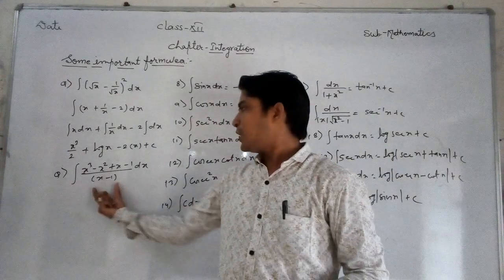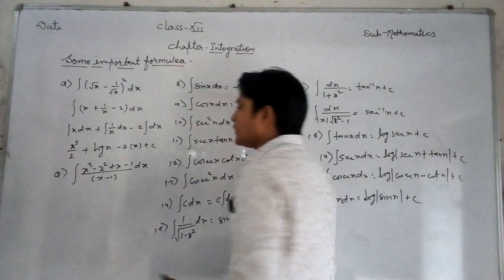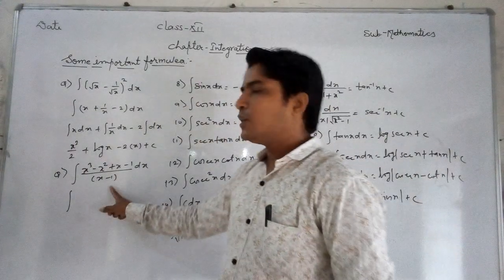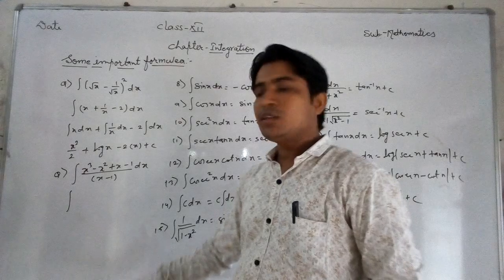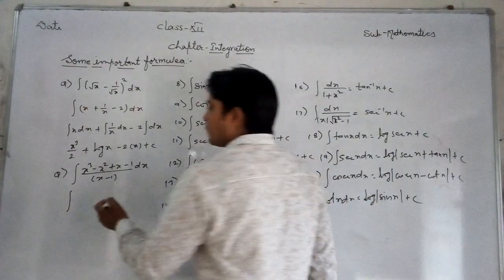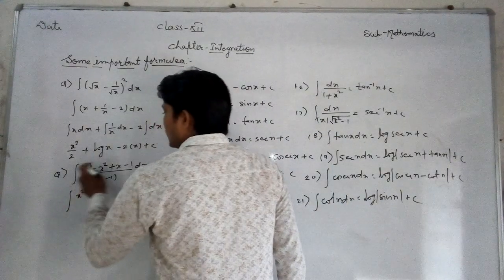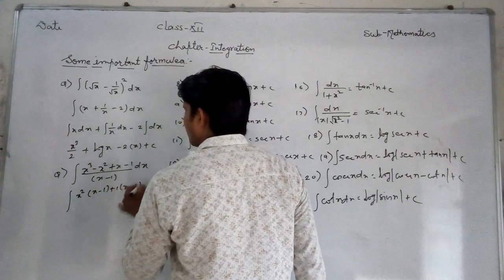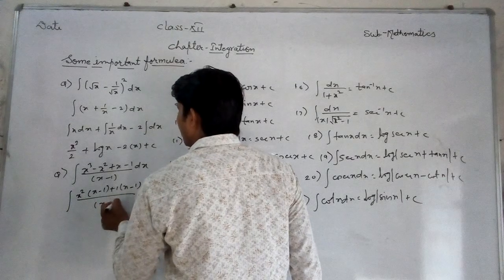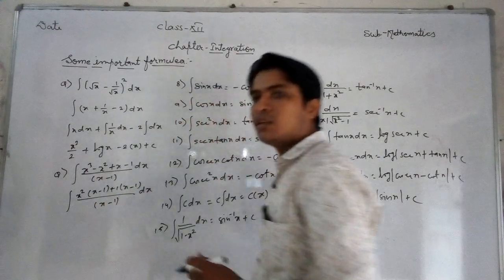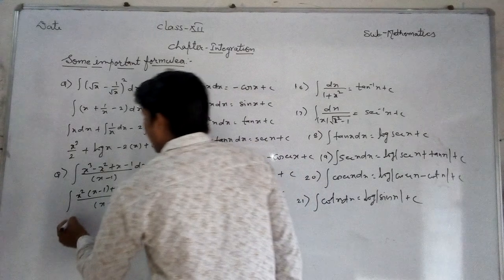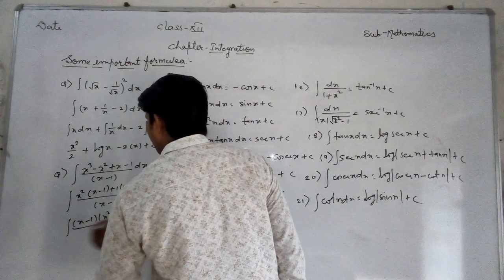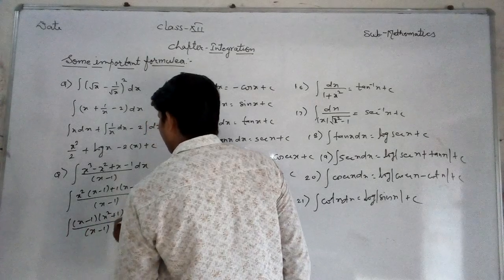Before integration, first of all we factorize the expression and then solve in a simpler form. Taking x square common, we get x square plus 1 times x minus 1, divided by x minus 1.